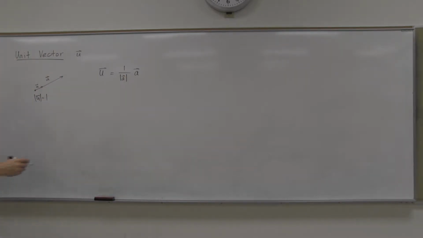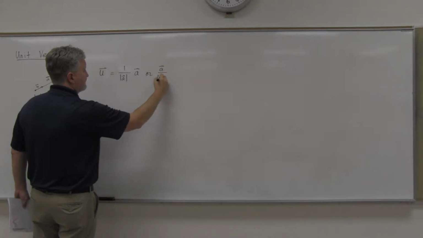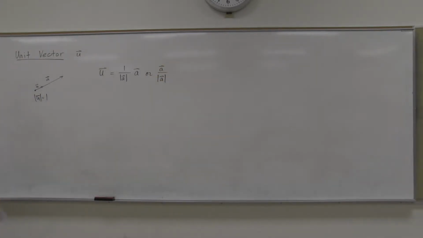You can write it that way, or you could just write it A divided by the magnitude of A. So just divide a vector by its magnitude, and that gives you unit length. The magnitude of it is 1.